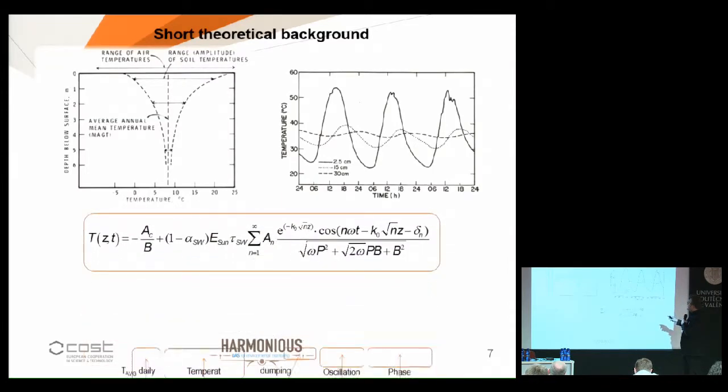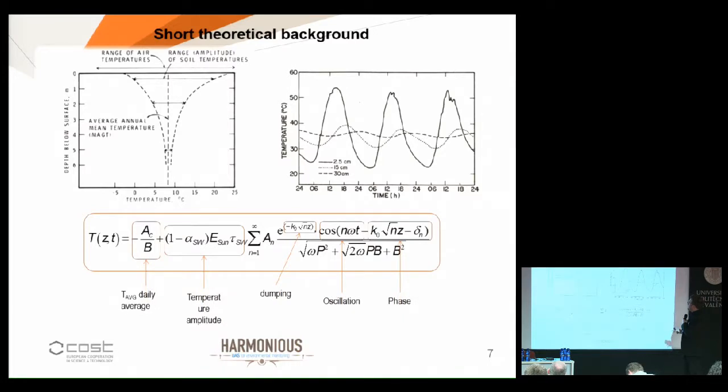And I have reported a very short theoretical background. We are going to simulate the thermal behavior, the temperature behavior within the soil. This is how the temperature changes with depth at night time, when the temperature reaches the minimum.